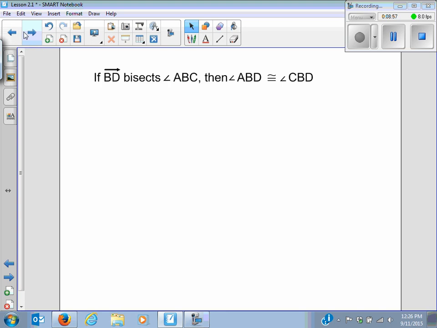Alright, so another example would be if BD bisects angle ABC, then angle ABD is congruent to angle CBD. So let's draw this out in a picture. If they asked us to do this in the given form, the given would be this part, the if.